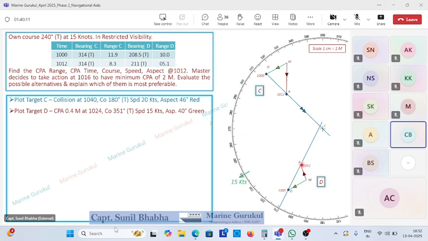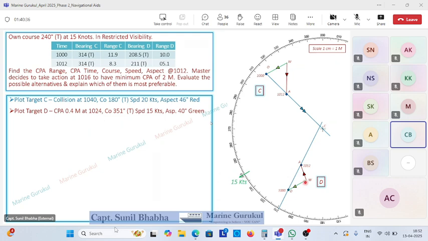Again, we can measure the distance between Alpha to the CPA point. Now the ship has covered a distance of Oscar to Alpha in an interval of 12 minutes. Interpolating for this distance, we can find out the time at which the CPA would occur. And in this case, the CPA time comes to 1024 hours.